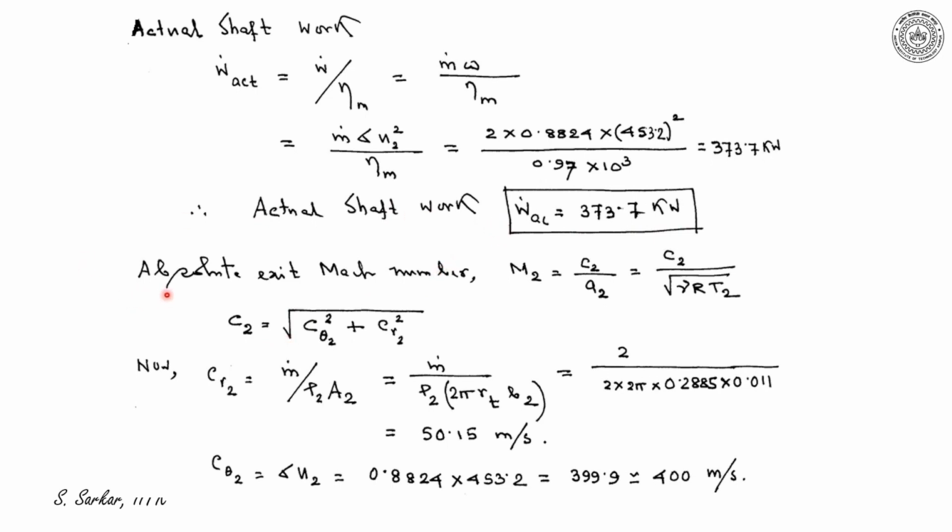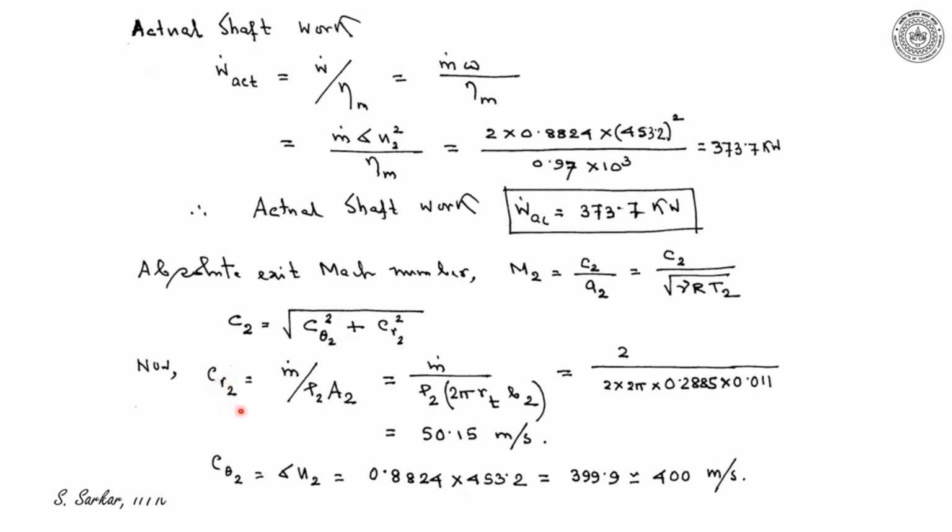Now the absolute exit Mach number M2 would be equal to C2, that is absolute velocity at exit, divided by A2, that is local sonic speed. That is equal to C2 by root over gamma R T2. Now from the velocity triangle, C2 is equal to root over C theta 2 square plus CR2 square.